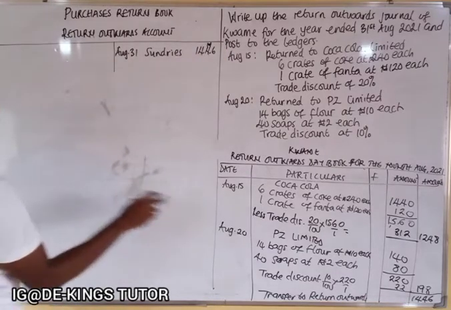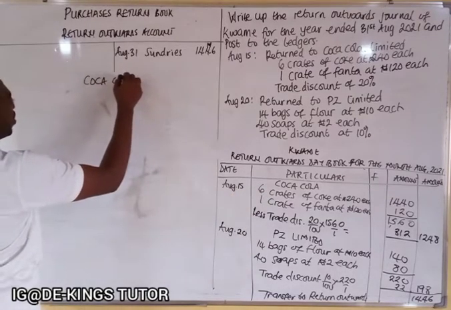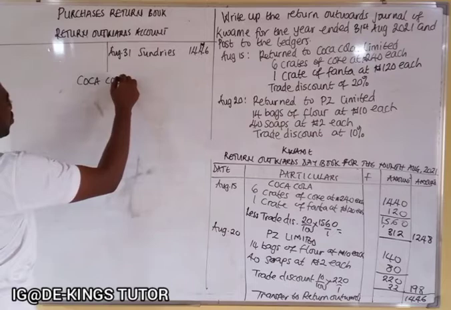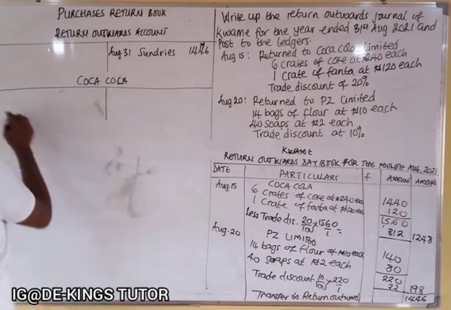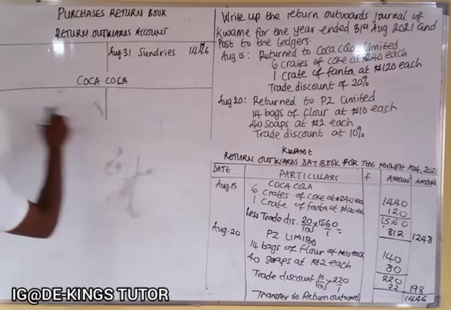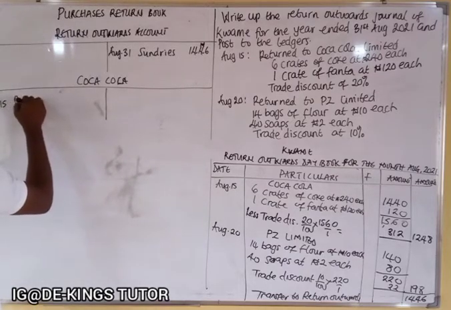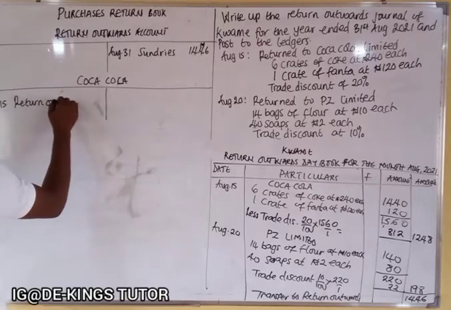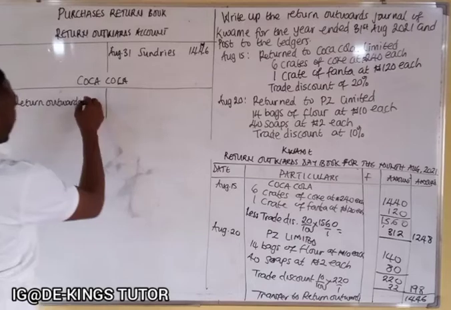Now for the individual supplier, Coca-Cola, they receive back the goods. Coca-Cola received its own on August 15 as returns outwards of 1,248.